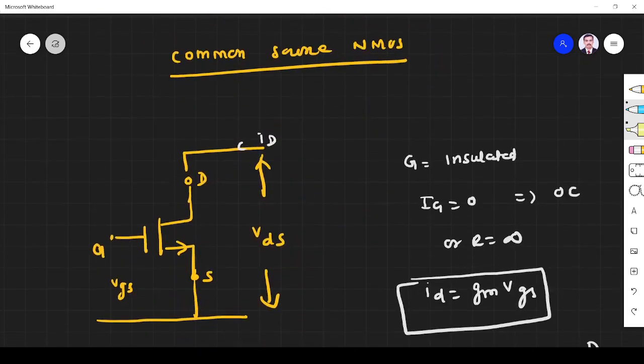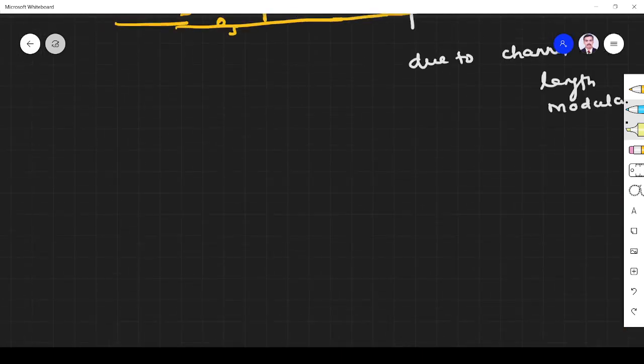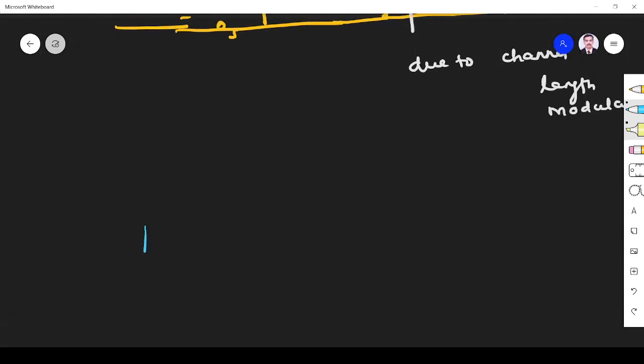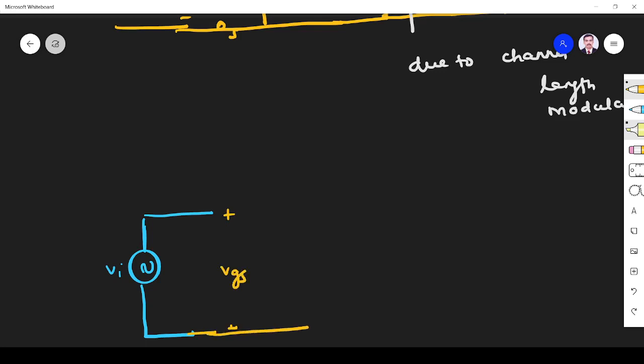Let me draw for this diagram. Okay. So how are we going to draw? On the input side, what do we have? Here on the input side we have only VI, right? And that is the only thing we have in AC. Now the transistor is there. Instead of the transistor, we draw the small signal equivalent, which is nothing but VGS. Right? Then here GM VGS.